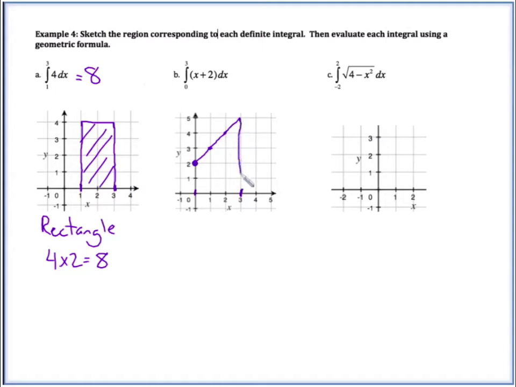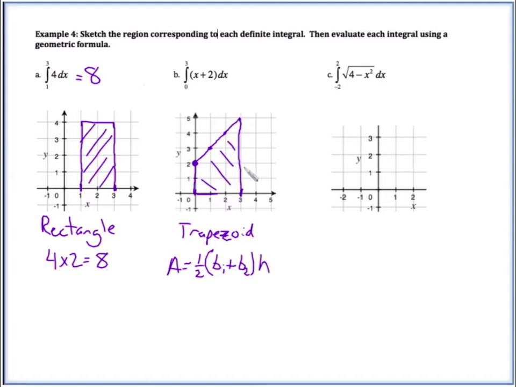And it's going to be bounded by the vertical lines x equals 0 and x equals 3 and the x-axis. And now we're looking for this area, and this is a trapezoid. And we'll recall that the area here is 1/2 b1 plus b2 times the height.